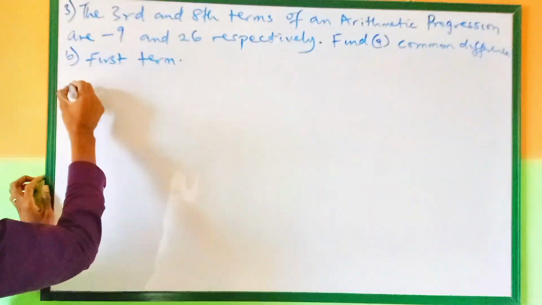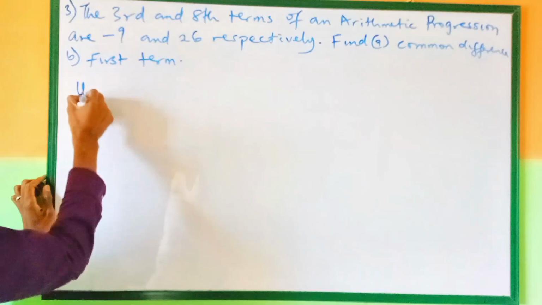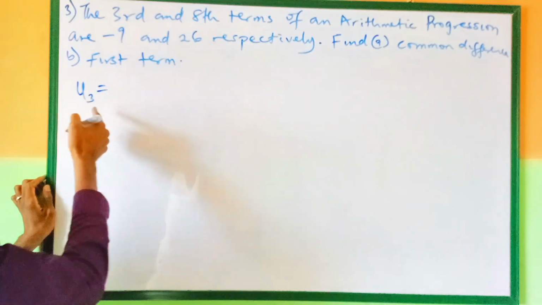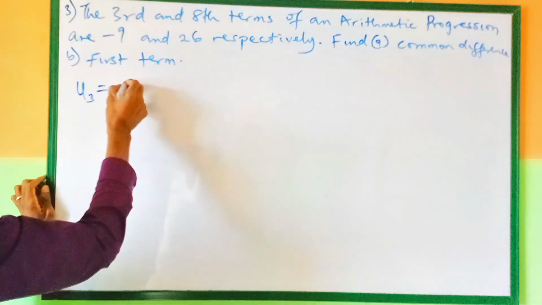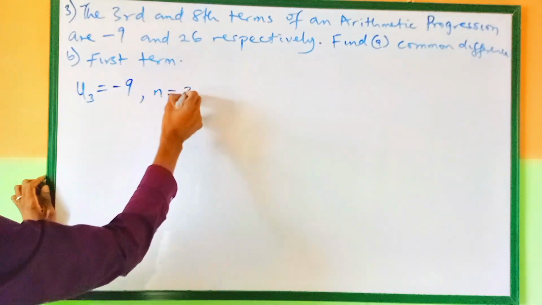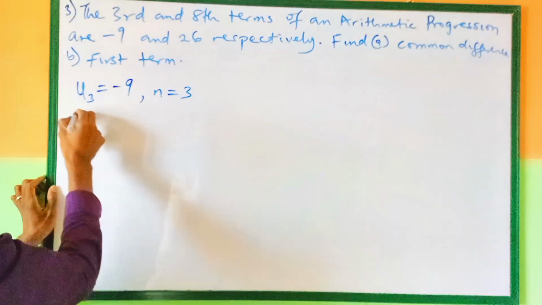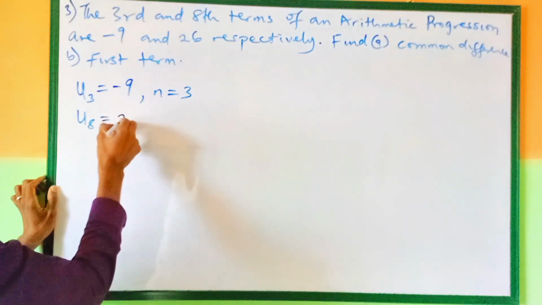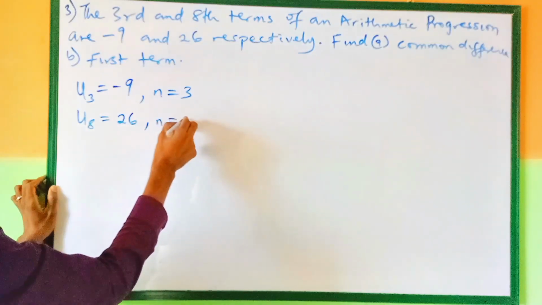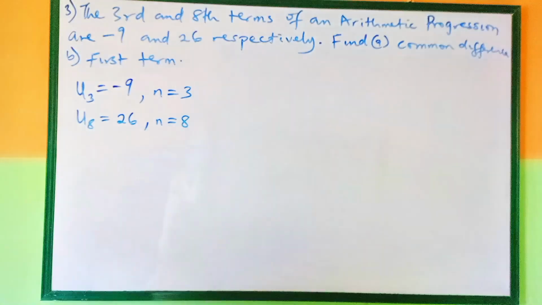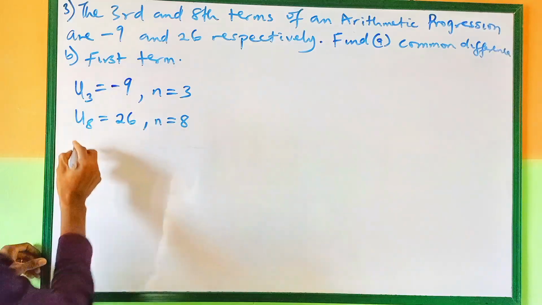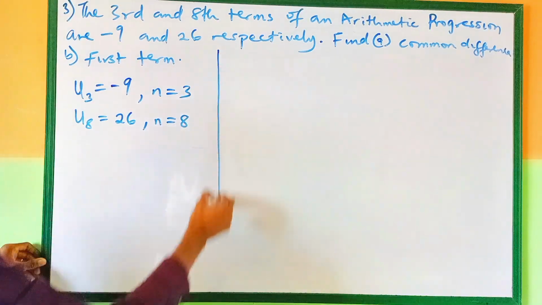So that means the parameters you were given: U3, the occupant of the third position, is minus 9 when N is 3, and then the eighth term, U8, equals 26 when our N is 8. The question now says find the common difference. So how do we find the common difference? We are going to look at the formula.